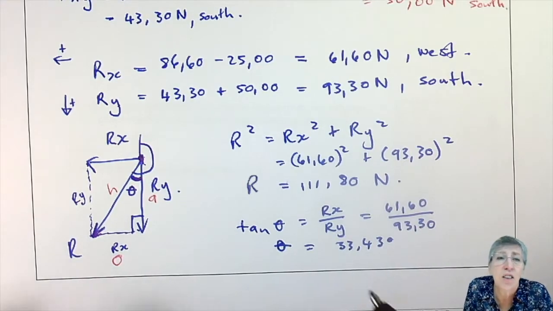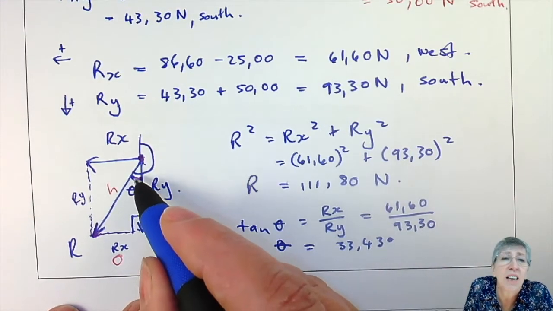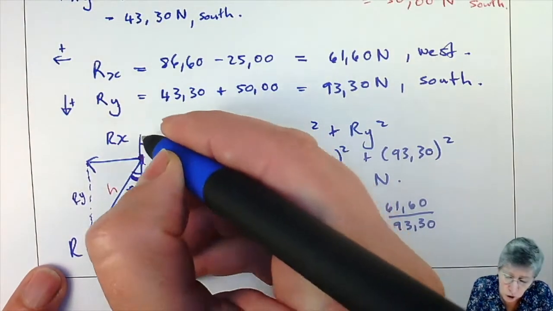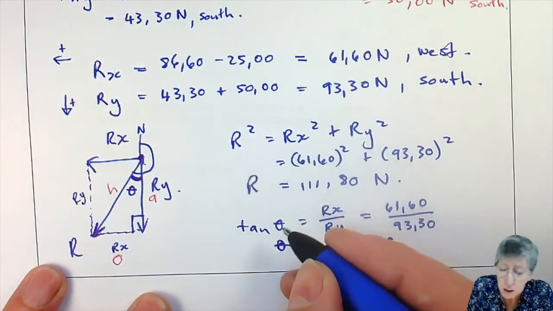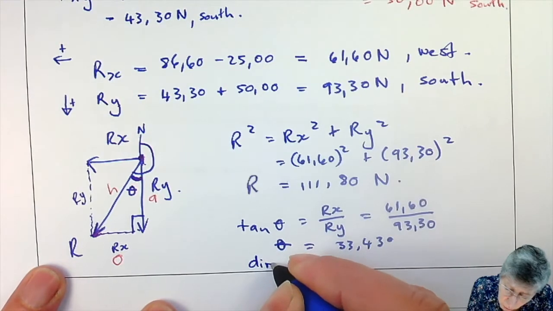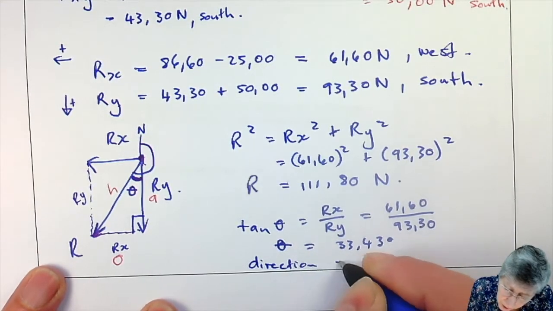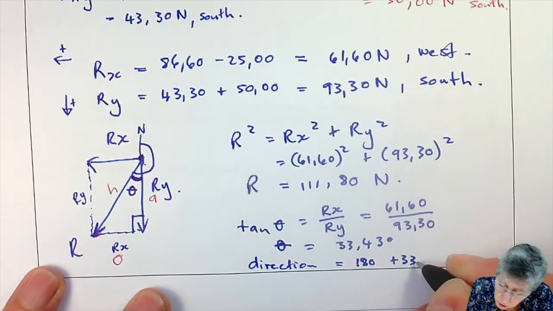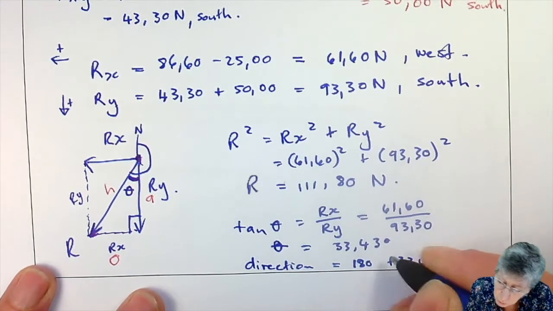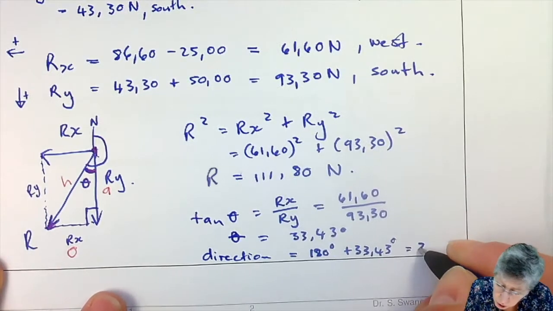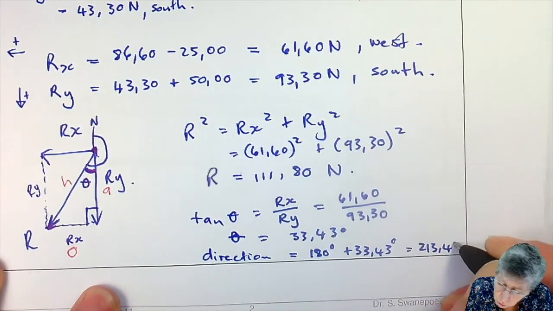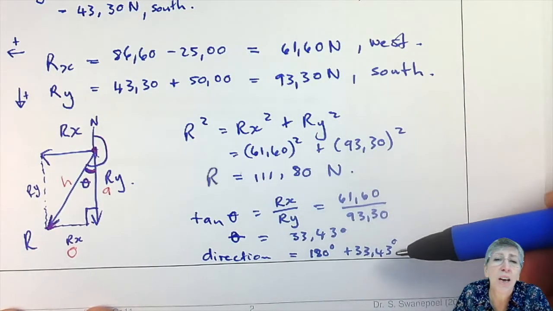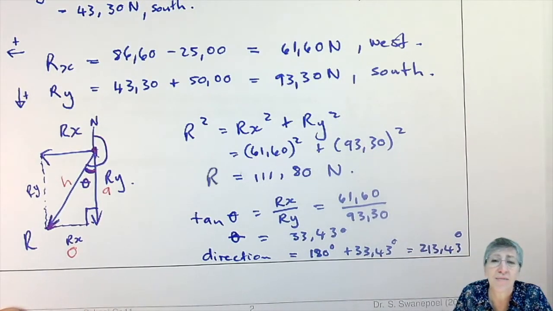But that's still not the answer, because that is just that angle down there, and we need the whole angle measured from north, right? So from north, the direction will be 180 plus that 33,43, and we end up with 213,43 degrees. So now we both have the magnitude and the direction.